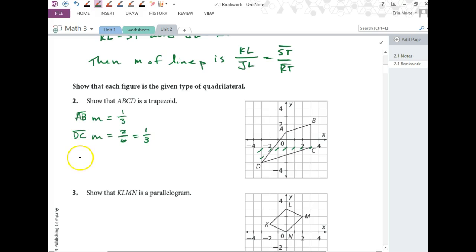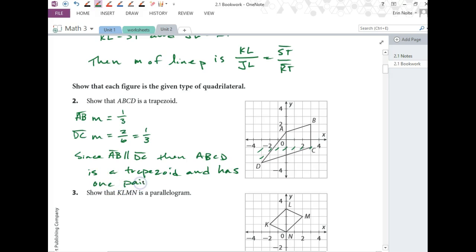Okay, so you can say that however you want, but just make sure that you understand that you're somehow saying that a trapezoid only needs one pair of parallel sides.